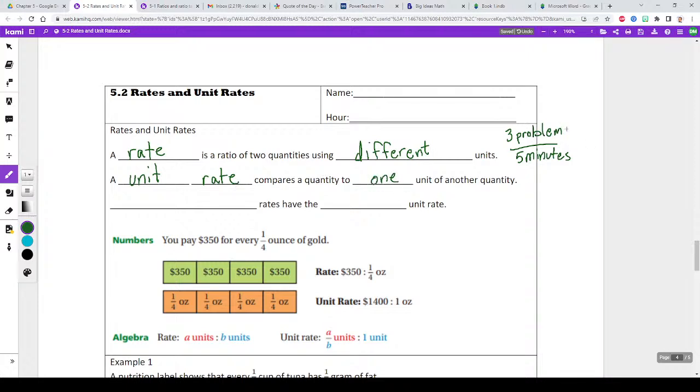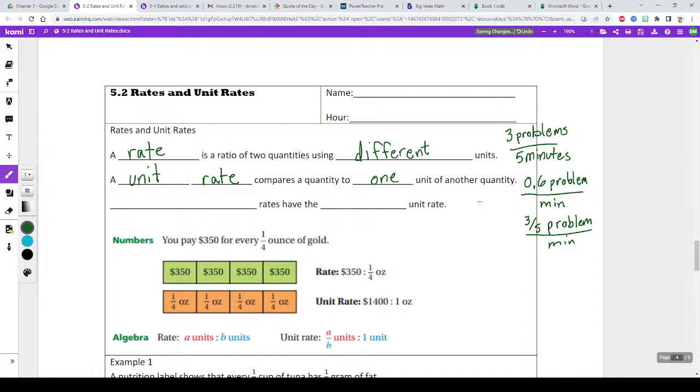So in this case, 3 problems per 5 minutes is not going to work. But if you divide 3 by 5, you get 0.6 problems, or 0.6 of a problem per minute. That would be a unit rate. Or the same thing would be 3/5 of a problem per minute. Those would be the same.